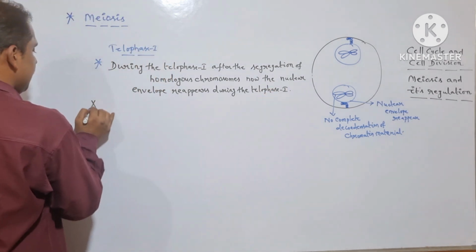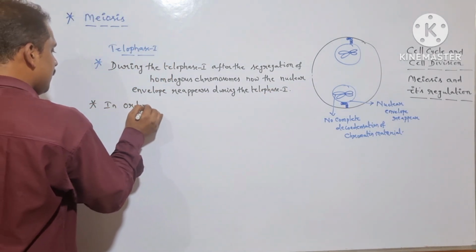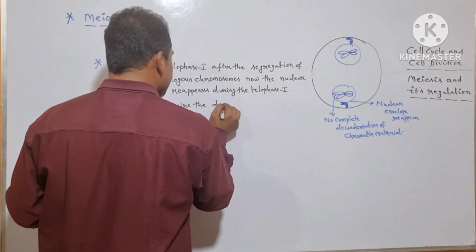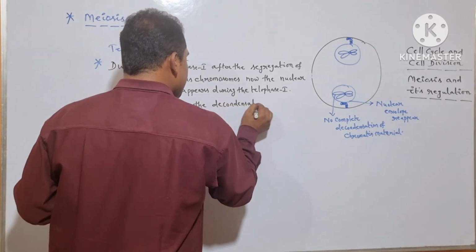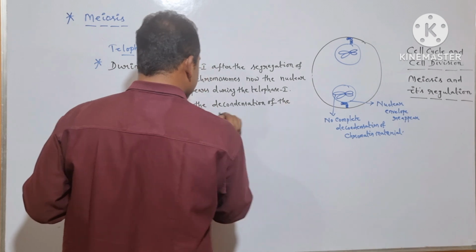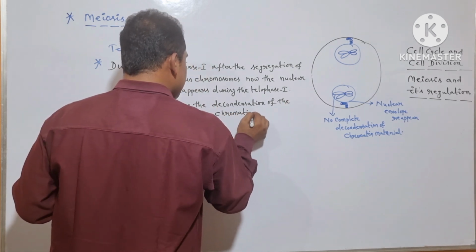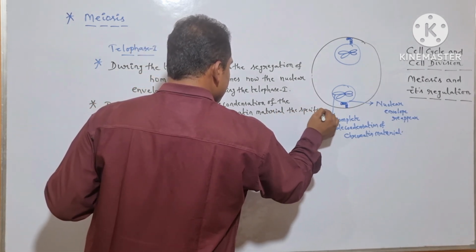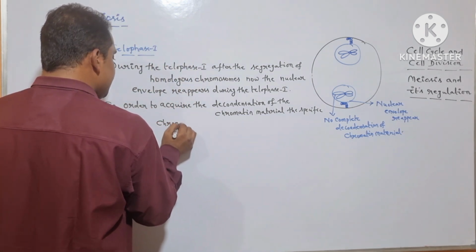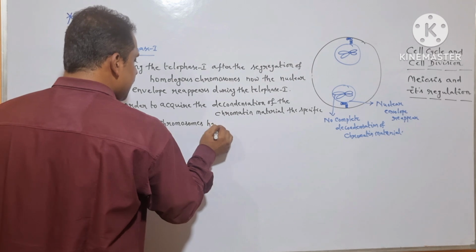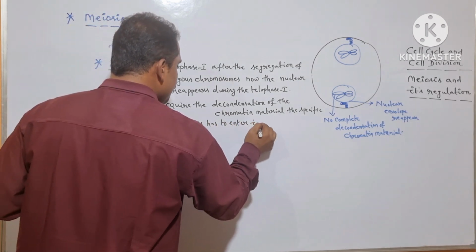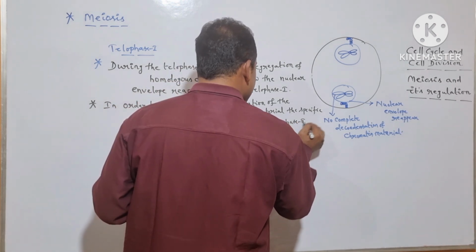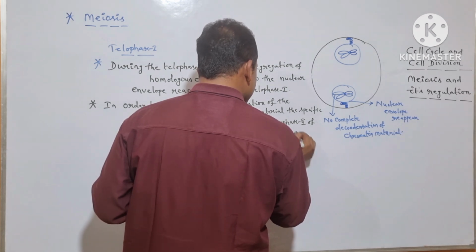And here, in order to acquire decondensation of the chromatin material, the specific chromosomes have to enter into prophase 2 of meiosis 2. Prophase 2 of meiosis 2.